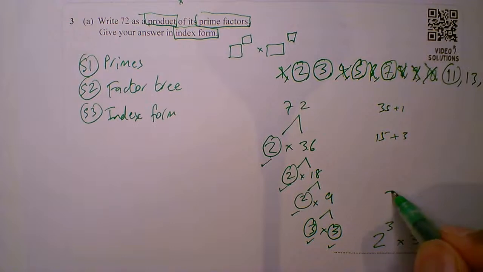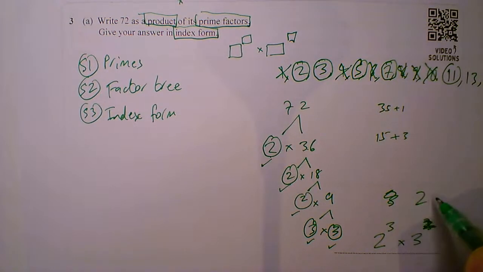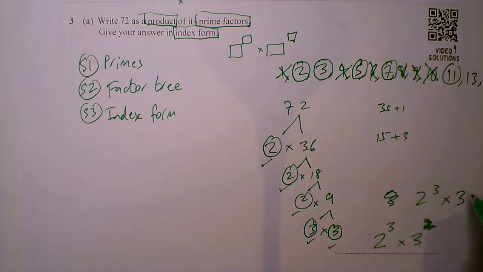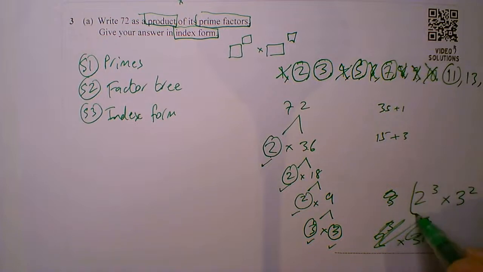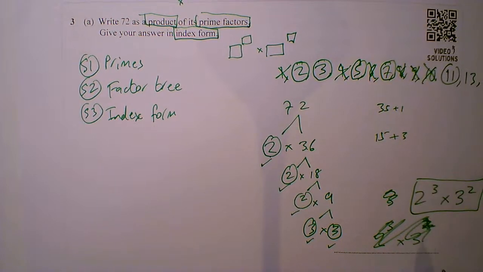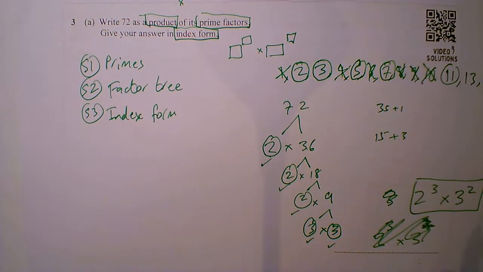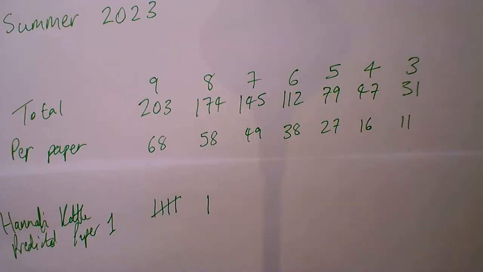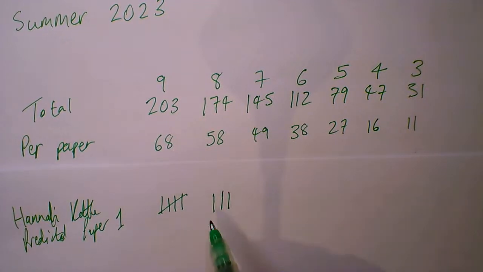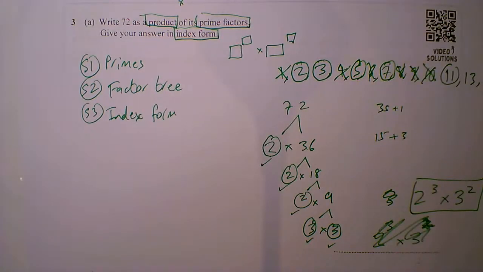I've written this very poorly. 3 squared, there we are, make it really clear. 2 to the power 3, or 2 cubed times 3 squared. So I have banked another 2 marks. Let me add that to my tally. 1, 2 marks. I've got 8. I'm very close to my 11 marks.